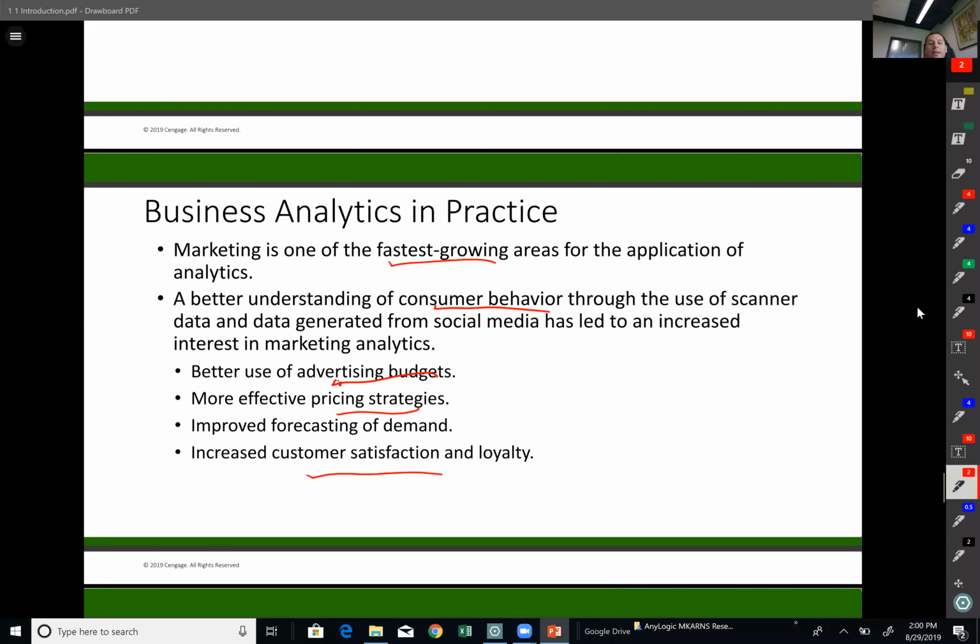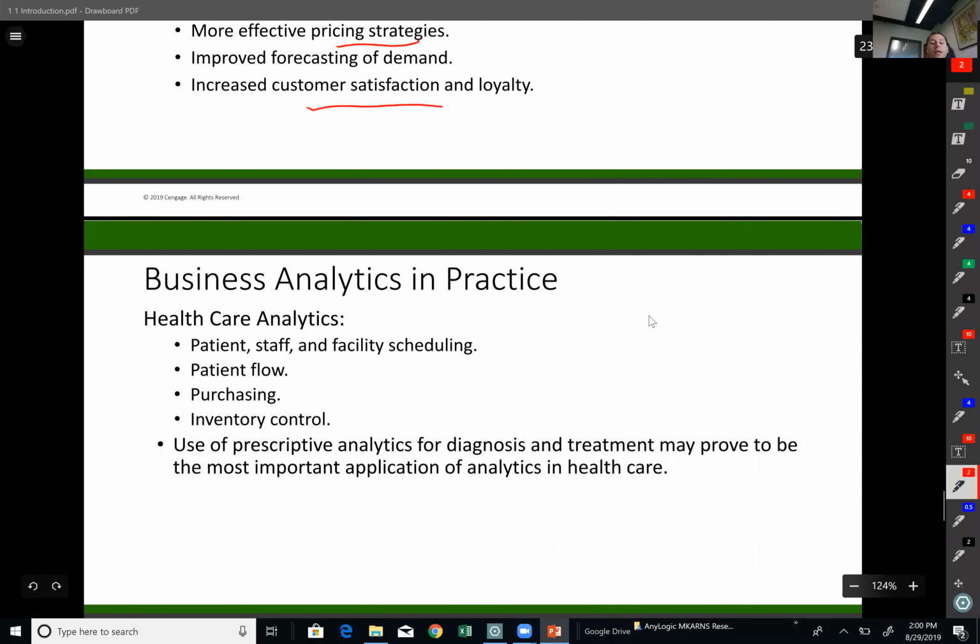All right, so let's look at healthcare as another hot area. In a healthcare setting, we can look at scheduling. How can I schedule the doctors and rooms so that I can maximize the overall outcome? It can be maximize profit, or minimize the pain for my patients, or maximize the satisfaction level for my patients.